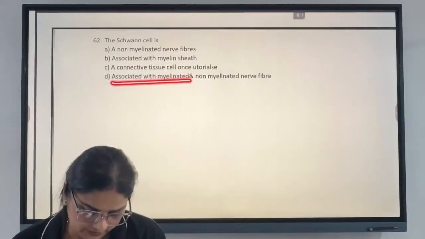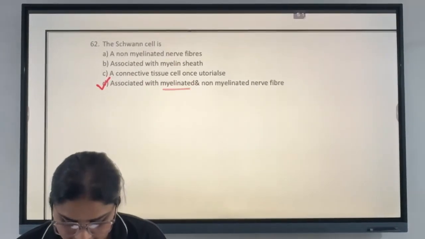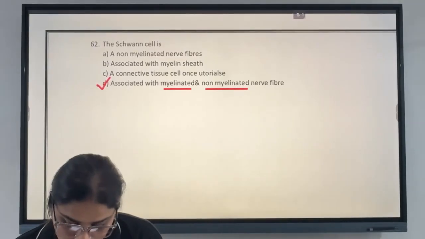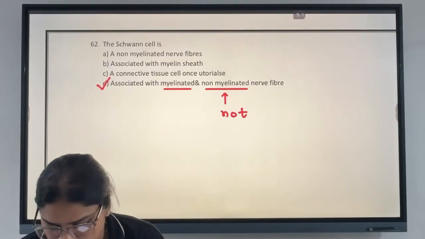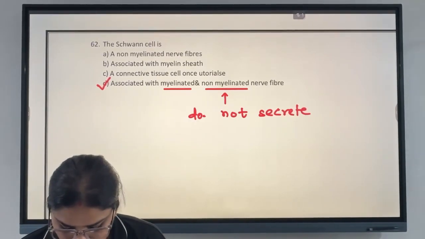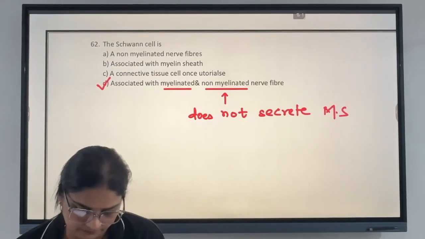So answer is option D. Your NCERT says that Schwann cell is present in myelinated nerve fiber as well as non-myelinated nerve fiber. But in non-myelinated nerve fiber, it does not secrete myelin sheath. Okay.